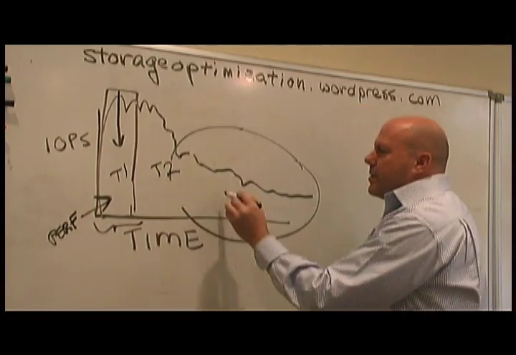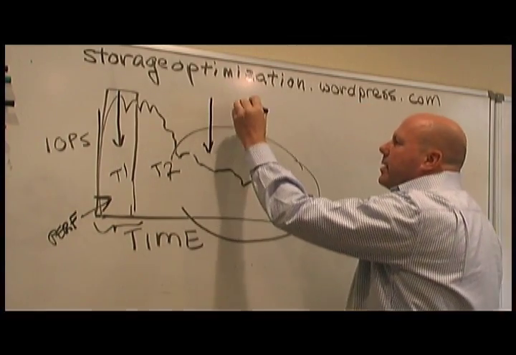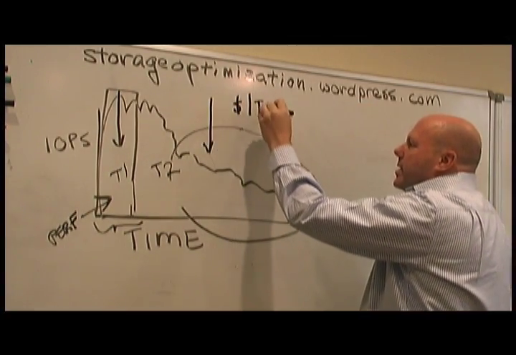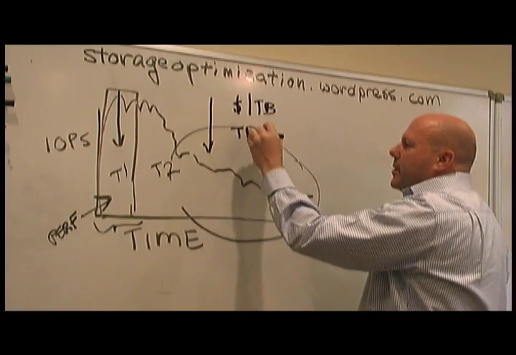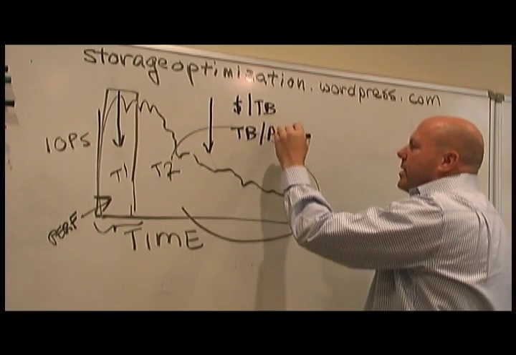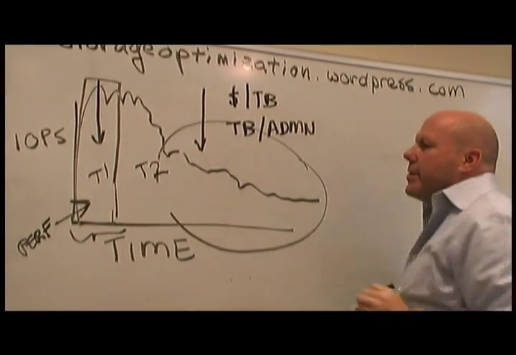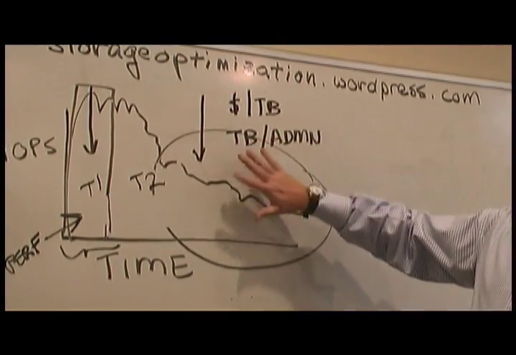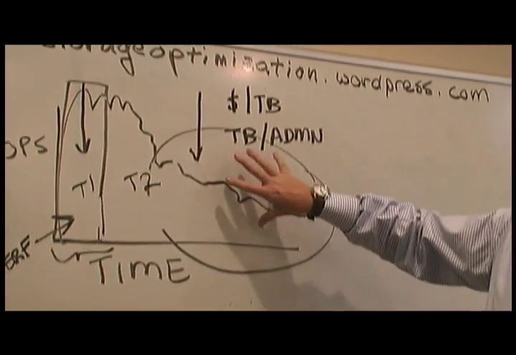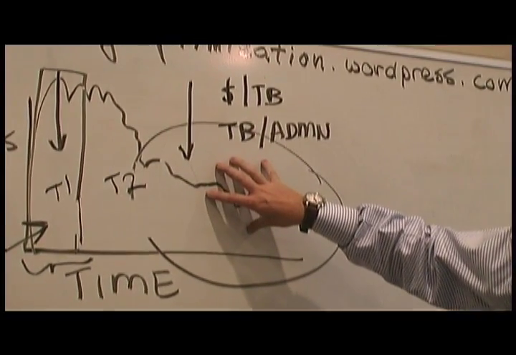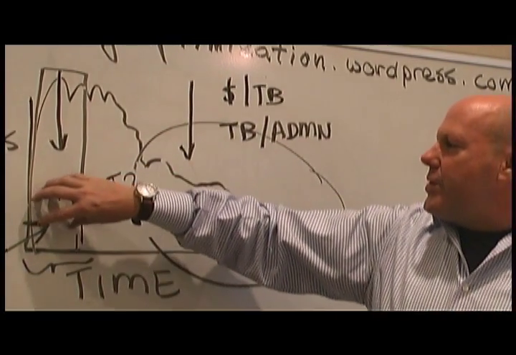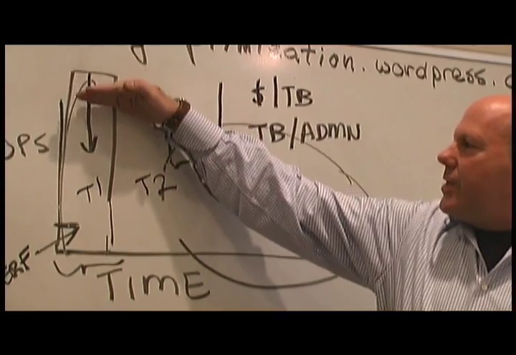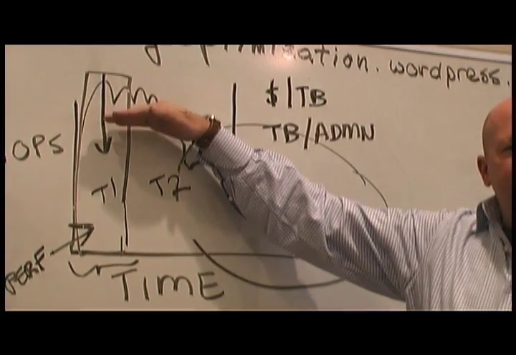What you need to optimize for here is dollars per terabyte and terabytes per admin. In other words, this is where the bulk of your storage is, this is where the bulk of your cost is, and you want to optimize for reducing that cost. For this small amount of storage, you'll be starting increasingly to look at technologies that will make it go faster.